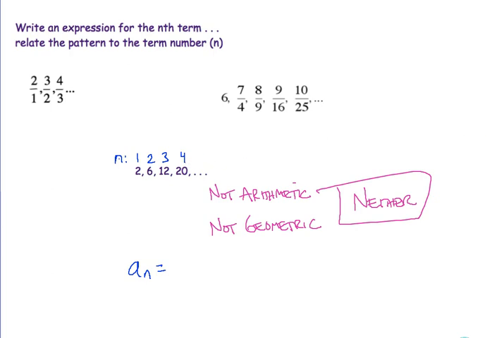And I'm going to try to color code this. So, all right, I'm looking at it, I'm thinking, well, I could get a 6 if I do a 2 times 3. And I could get a 12 if I take this number up here, 3, and I multiply it by a 4. And I could get a 20 if I take this number up here, which is a 4, and I multiply it by a 5.